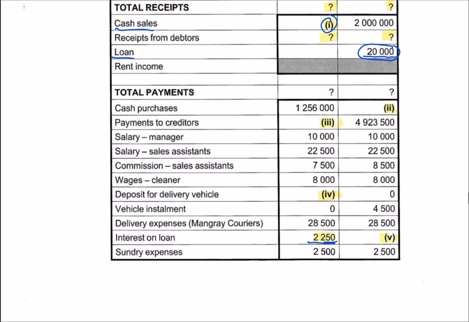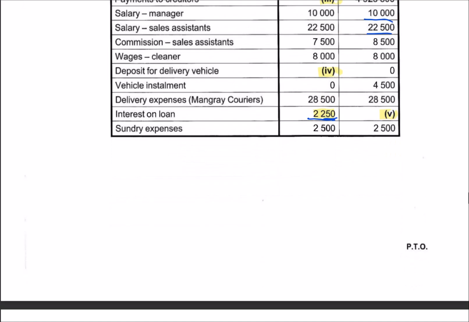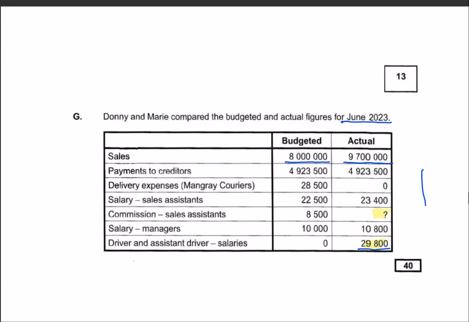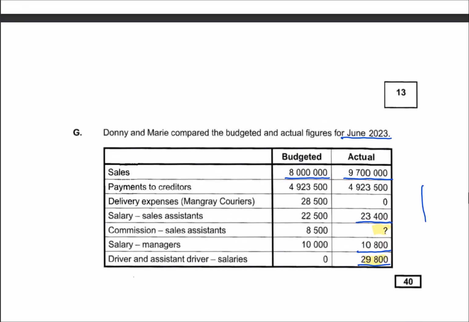So salaries for sales assistants 22,500. Then for sales manager is the same. But if you come to the actuals, sales assistants was 23,400 and the manager was 10,800, right? Compared to the budget, right?